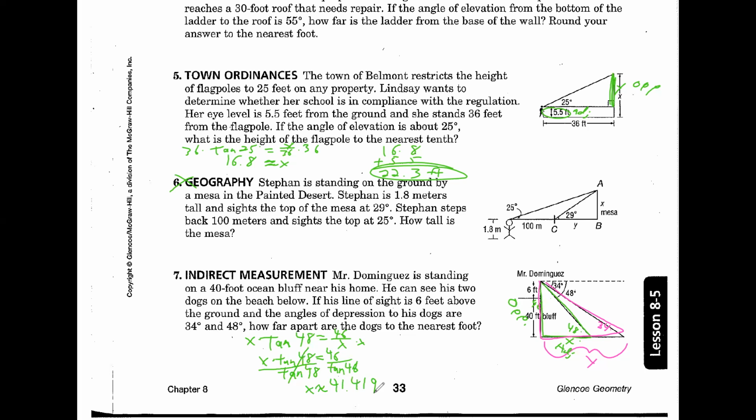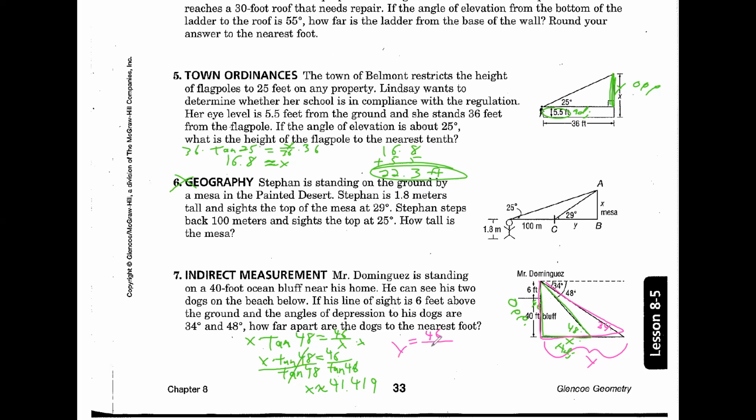The other one is essentially the exact same thing. Instead of going all the way back to the beginning, what values am I going to have to replace? Well, the 48 becomes a 34 and the x becomes a y. So I'm just going to skip down to this very last step. For y, I'm going to do the exact same thing. So 46 stays the same. The angle measure is what's changing.